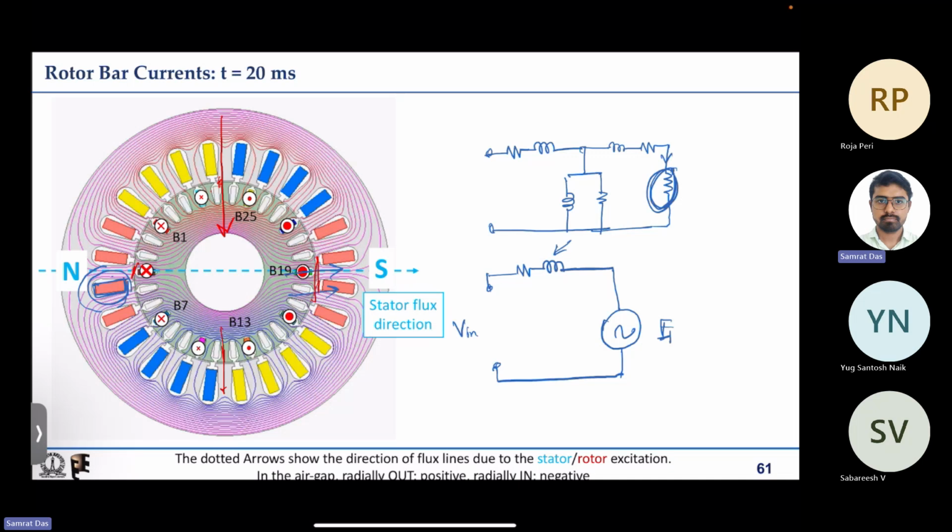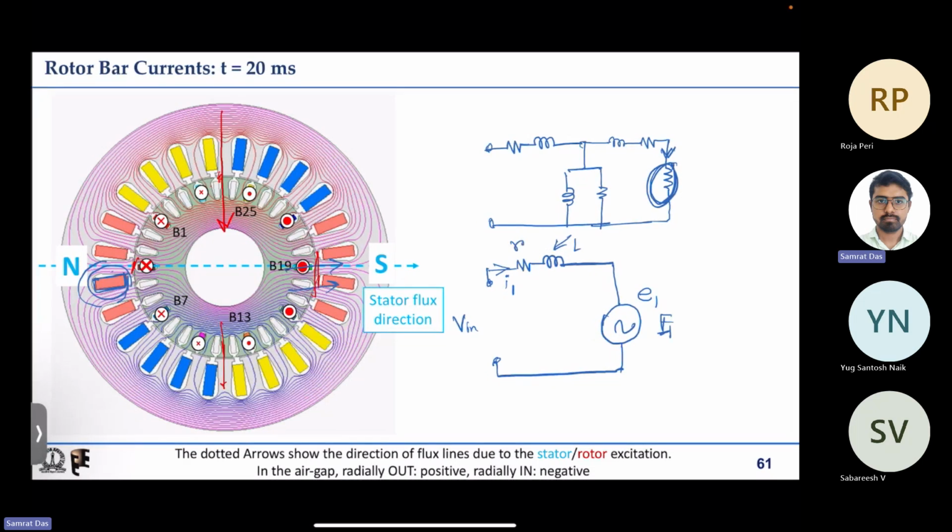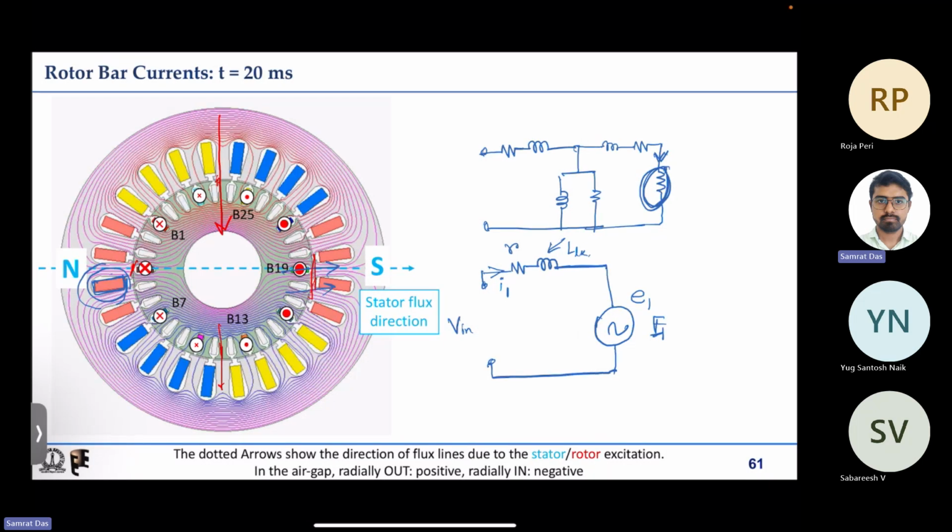It is not necessary to model it always like that. You can also model it like this, where this is the input current and this is the induced EMF E1, an instantaneous quantity, so I will indicate it with small letters. This is the resistance R, some leakage inductance, and there is this induced EMF.